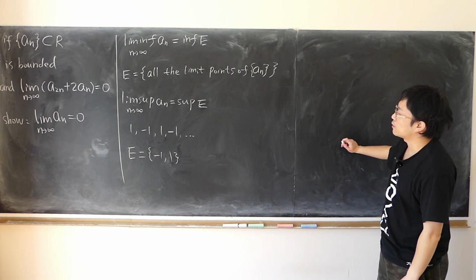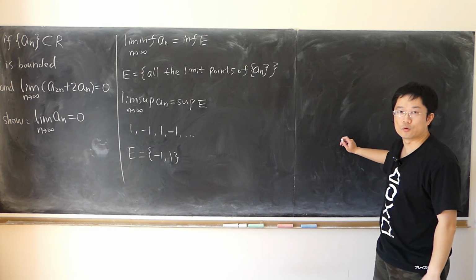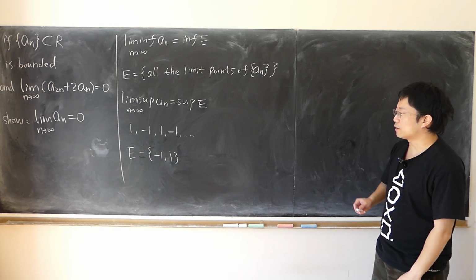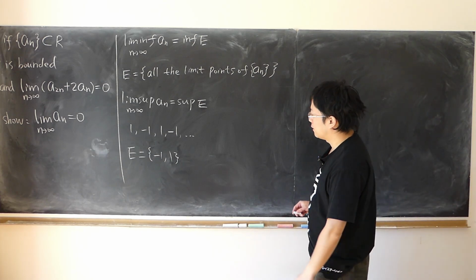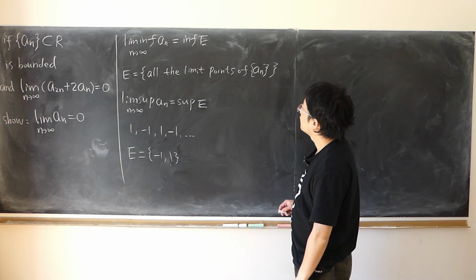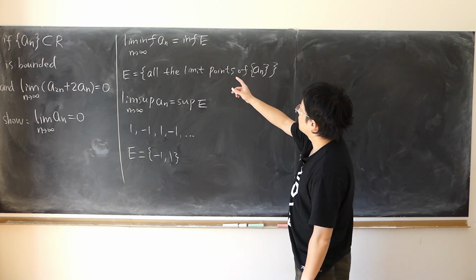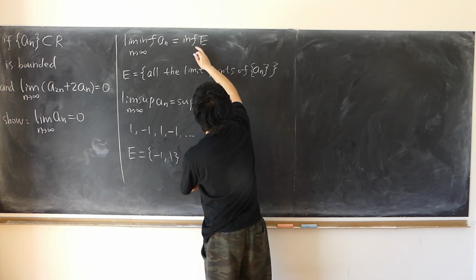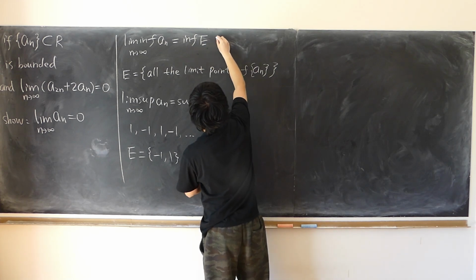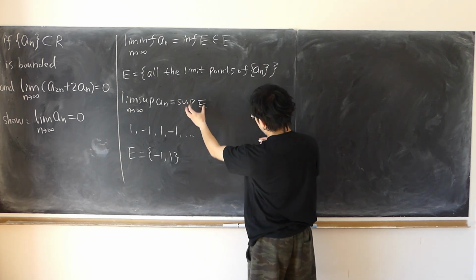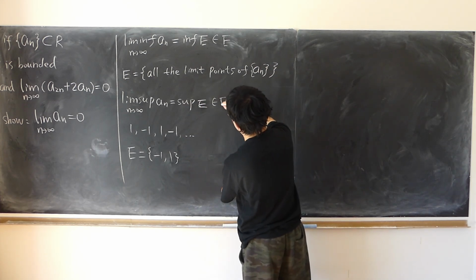And the best part is that, in fact, I can prove it, not in this video, maybe in a future video. But that's a standard result that says the lim_inf, and also the supremum, actually sits in this set.